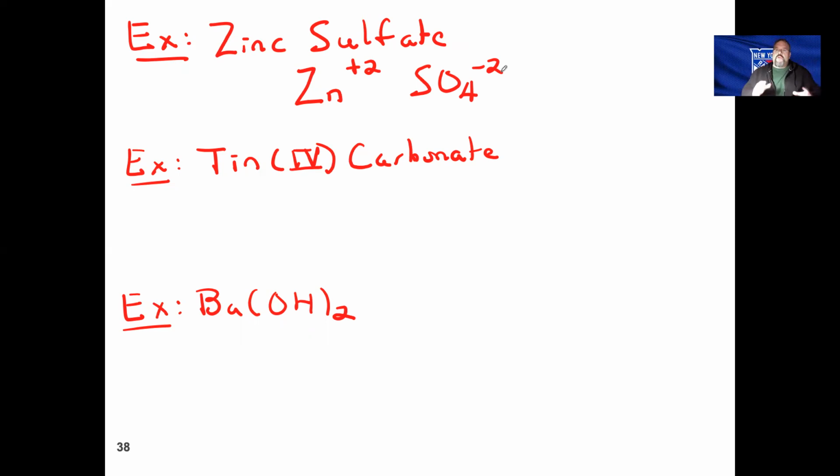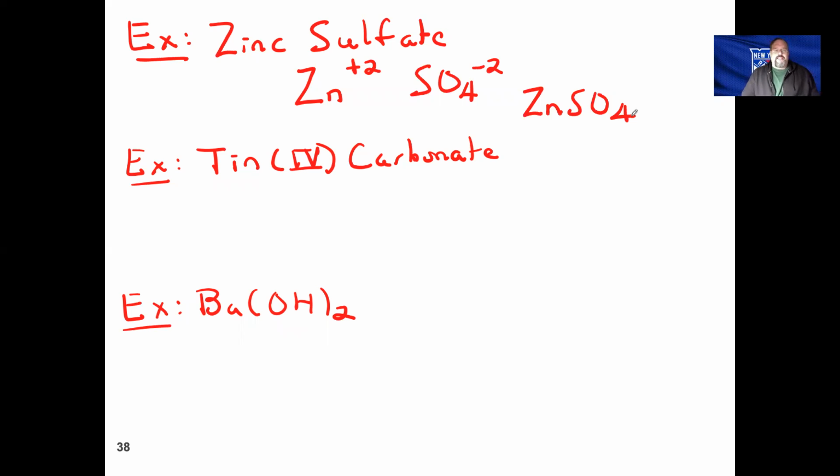So right now, if you have one of each, does the overall charge add to 0? And the answer is actually yes. Plus 2 and minus 2 adds to 0. So the formula for zinc sulfate would be ZnSO4. And notice no parentheses around the SO4 because there's one of it that's present.